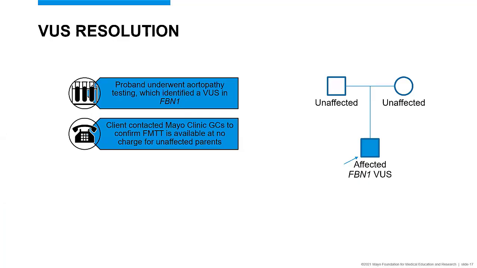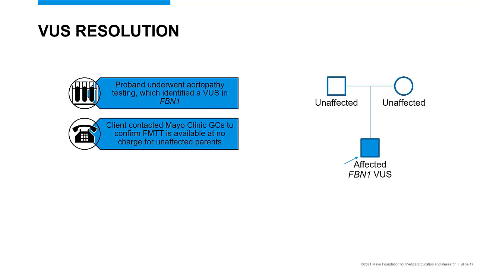One example of VUS testing in informative family members would be in a family where only the proband has a phenotype that is consistent with the gene for which a VUS was identified on a Mayo test, and that the gene has a highly specific phenotype and is known to be found de novo.